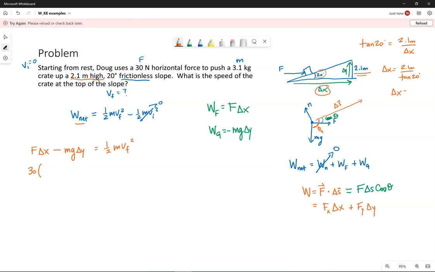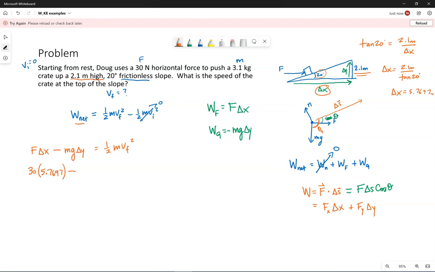So delta X, that horizontal distance, will be 2.1 divided by the tangent of 20. So 5.7, let's go out a couple digits, 5.7697. So that is the horizontal distance traveled.